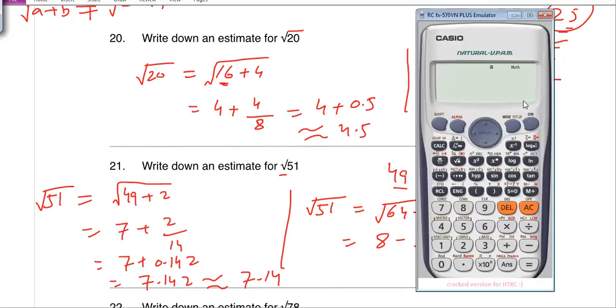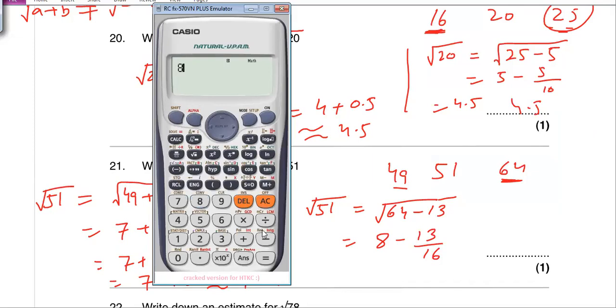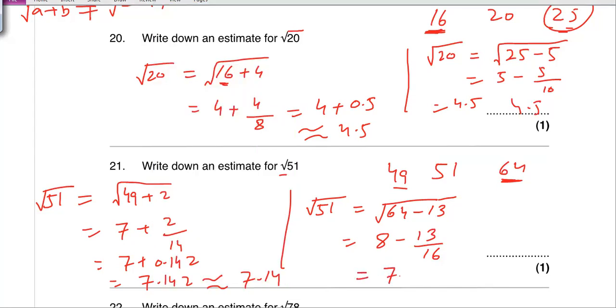Let me reopen it. Okay, it is 8 minus 13 over 16. So 7.187, which you can round to 3 significant figures, 7.19. Or look, 7.1 to 1 decimal place will be almost the same. So this way we can use.